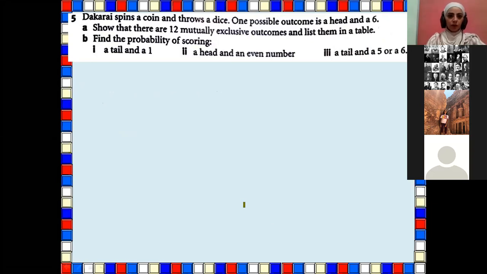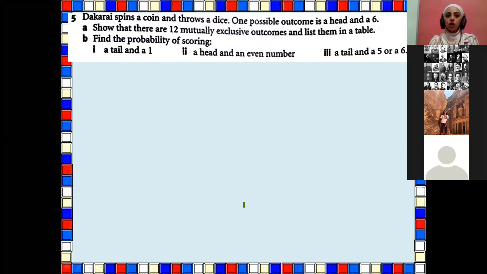Okay, we have this question here. He spins a coin and throws a dice. So he has 2 things, a coin and a dice. One possible outcome is a head and 6. So he might get a head from the coin and 6 from the dice.